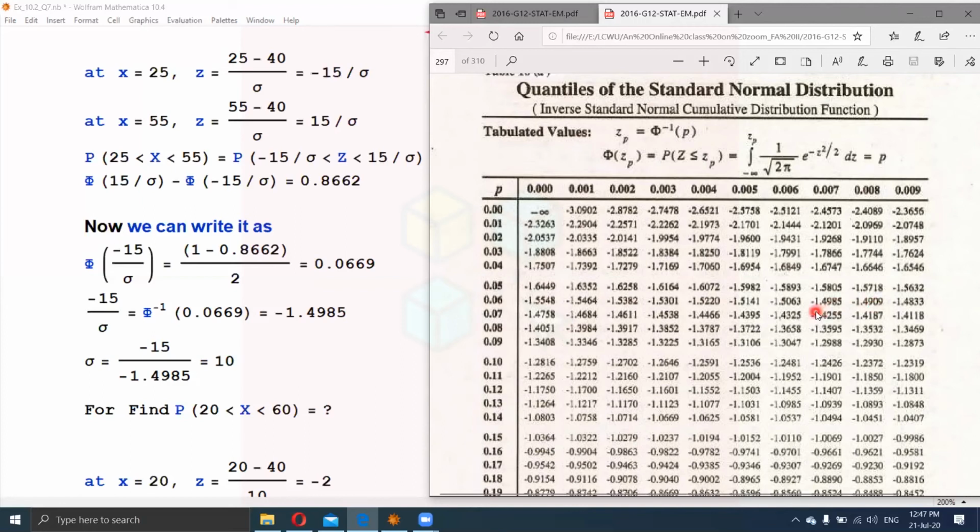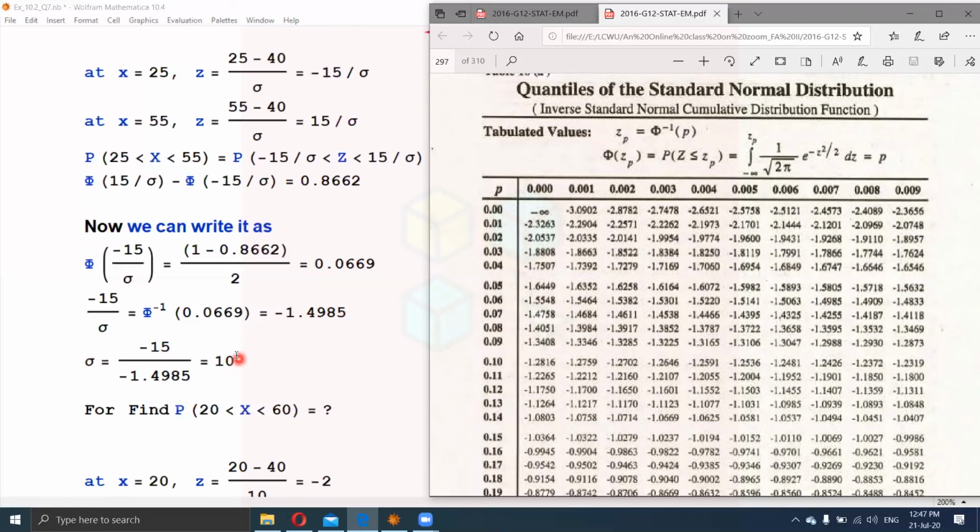So the value is minus 1.4985. This is the required value. So we will write it as minus 1.4985, and sigma would be calculated as 10.